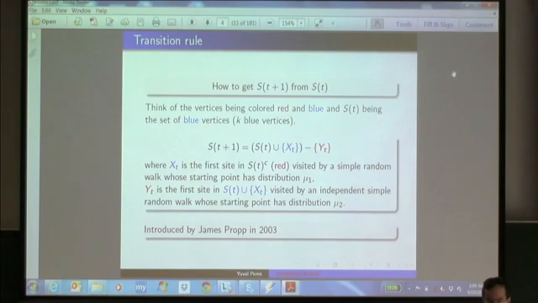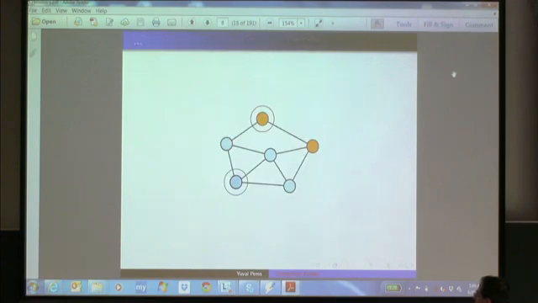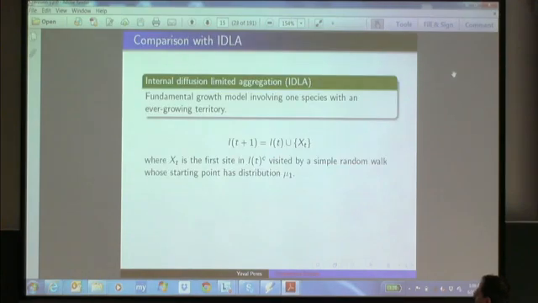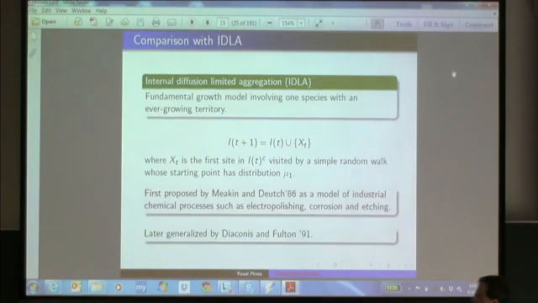This model was proposed by Jim Propp in 2003, motivated by internal DLA, and I'll explain that in a moment. To understand this model, we should go back to an earlier model which has some similar features but no competition. We have just one type of particle and a growing set.